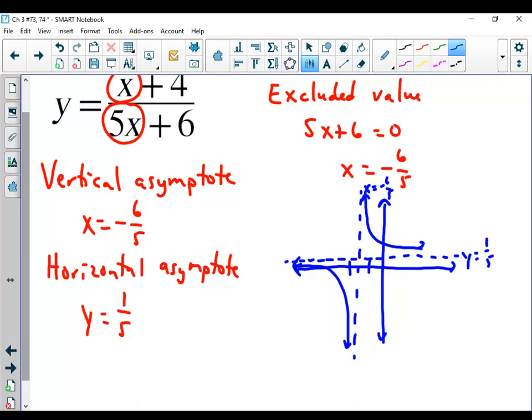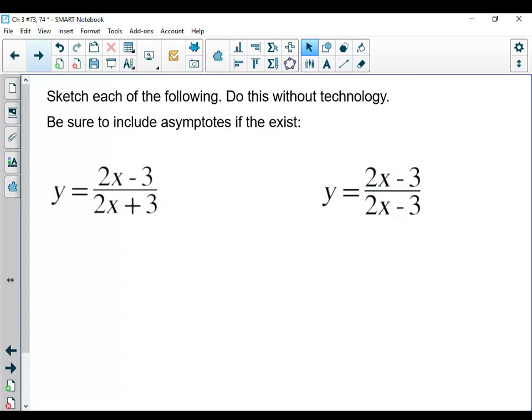So keeping that in mind, here's what I'd like you to do. I'd like you to do this without using a calculator, without using decimals, but you will need some paper. I'm going to give you two equations, and I'd like you to sketch both of them, keeping in mind the ideas of our vertical asymptotes and horizontal asymptotes.